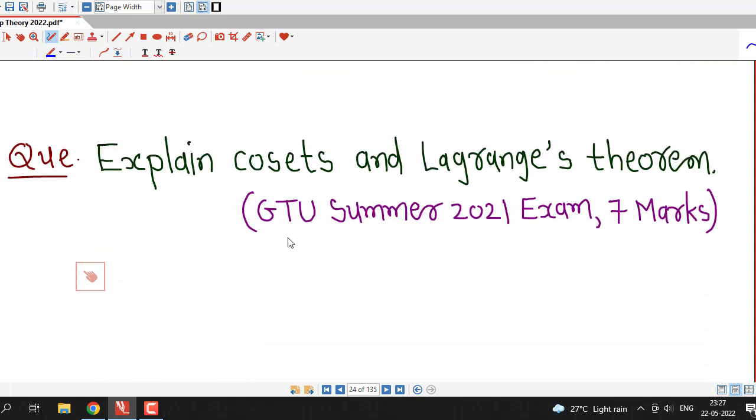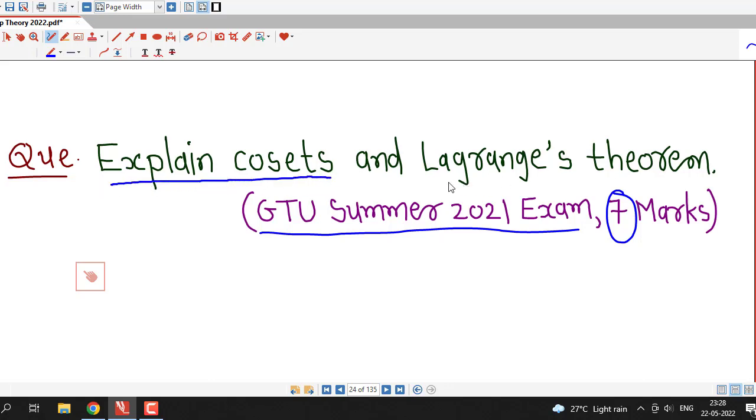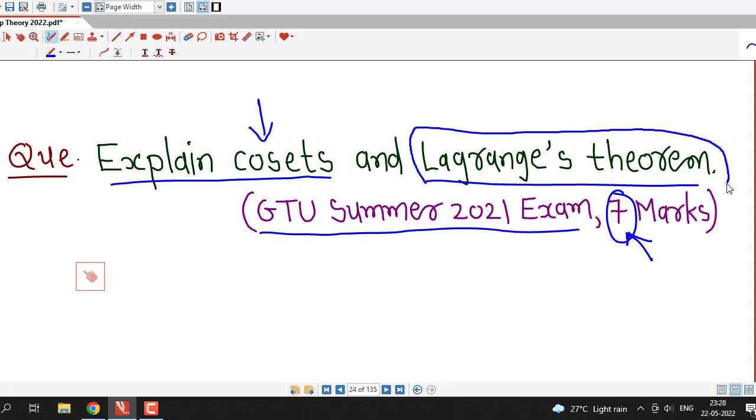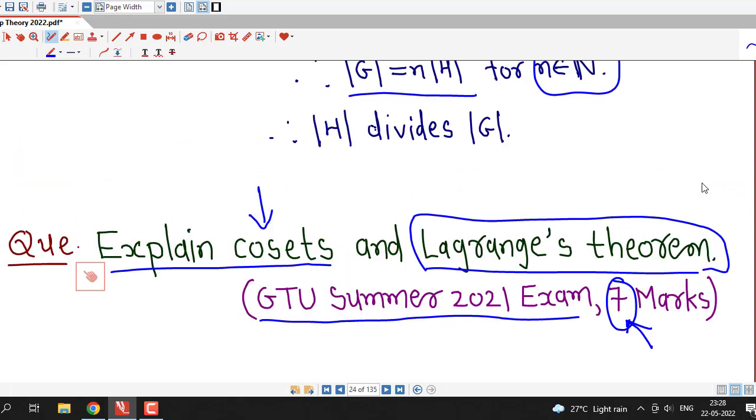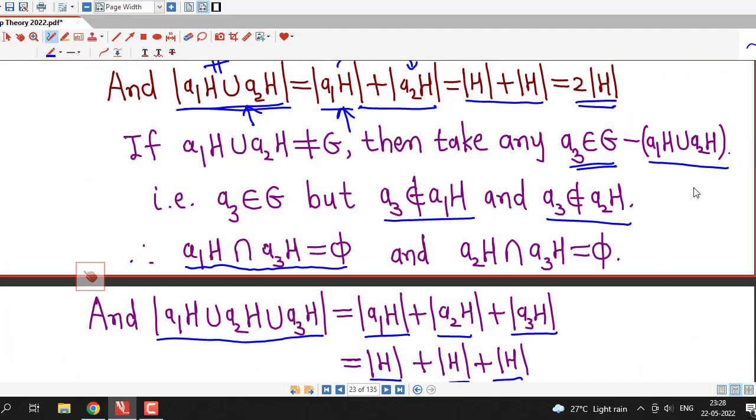This question was asked in the GTU summer 2021 exam for 7 marks, and they have asked the question in this way: explain cosets and Lagrange's theorem. And because it is for 7 marks, you should define what is a left coset and a right coset, and then you should write the statement of Lagrange's theorem, and you should prove this Lagrange's theorem in this way.